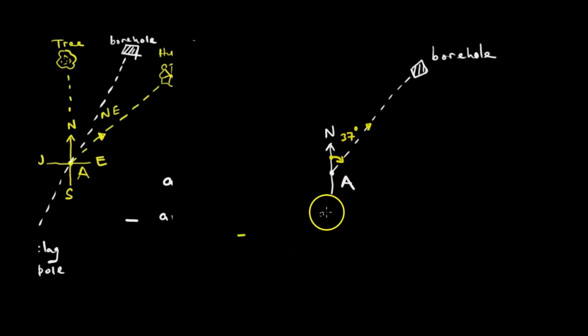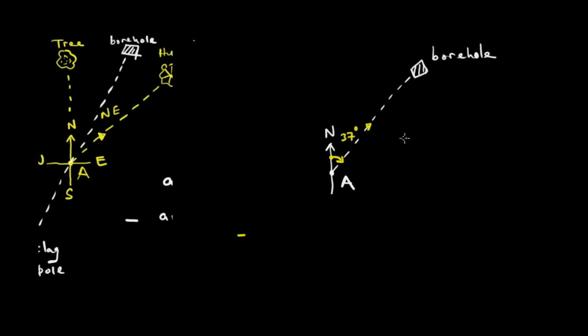It means that if we want to know the bearing of the ball from A, and not the direction of the ball from A, we see that we cannot use directions, because it's not exactly northeast. In geography it would be called northeasterly. You remember, it's not exactly northeast. So because of that, we have to use angles.